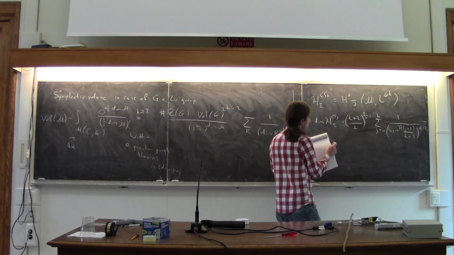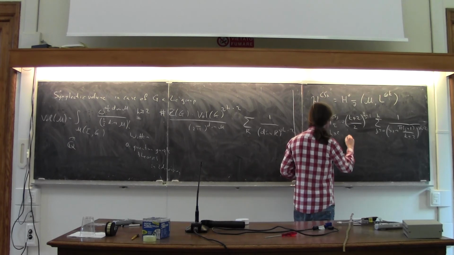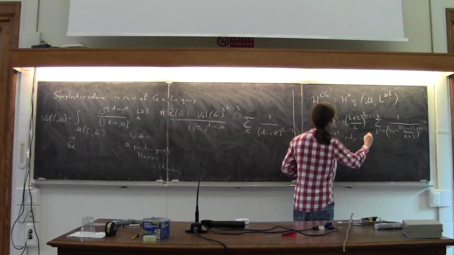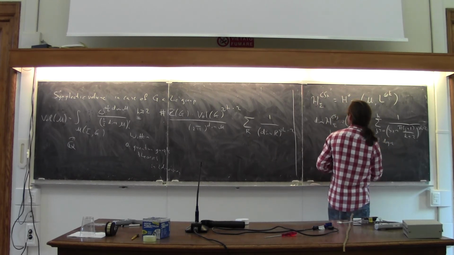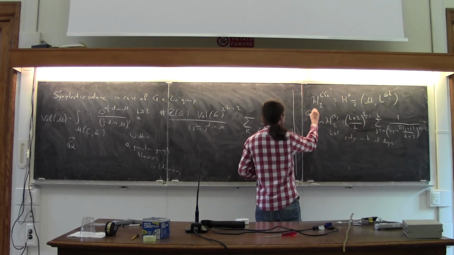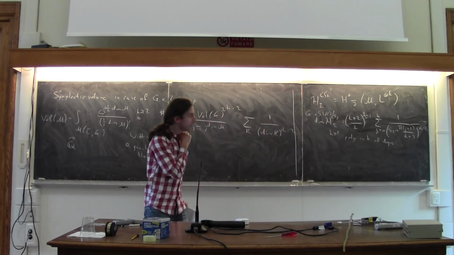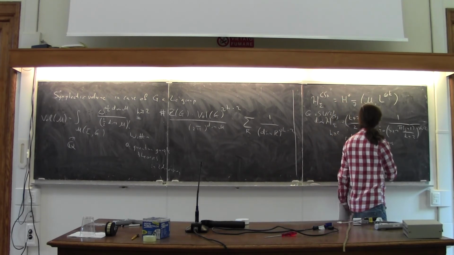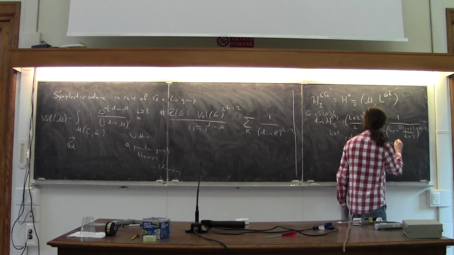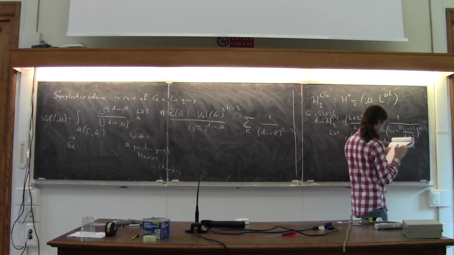The other property is that if h is 2 or bigger, this is a polynomial in k of degree, sorry, I'm very sorry, 3h minus 3, I believe.